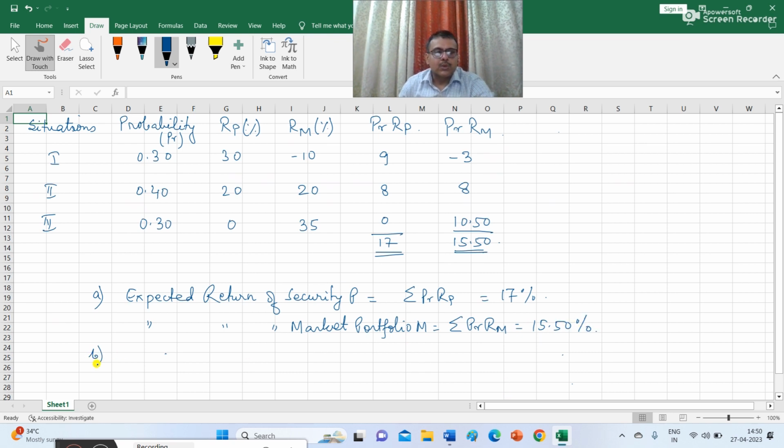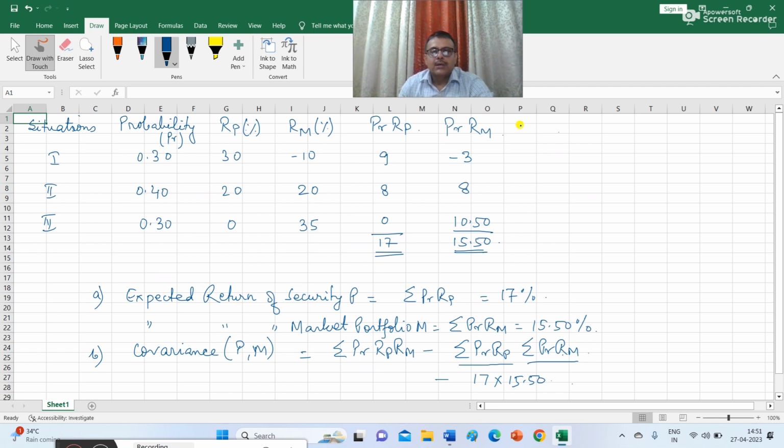Now you need to calculate the covariance of the security P and market portfolio M. You need to calculate the sum of PR, RP, RM minus sum total of PR, RP and sum total of PR, RM. So this is the expected return of the security P and this is the expected return of the market portfolio, and we have already calculated them at 17 and 15.5. You need to calculate the parameter PR, RP and RM.